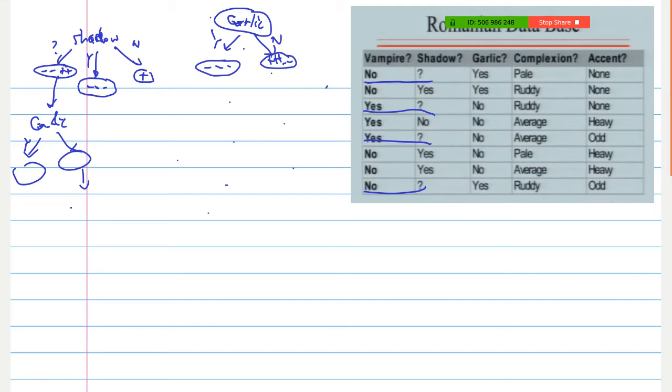So the question is, which test should we go first? Of course, what do you suggest? I should just pause here. Shadow first, negative. But what should be a good rule of thumb?